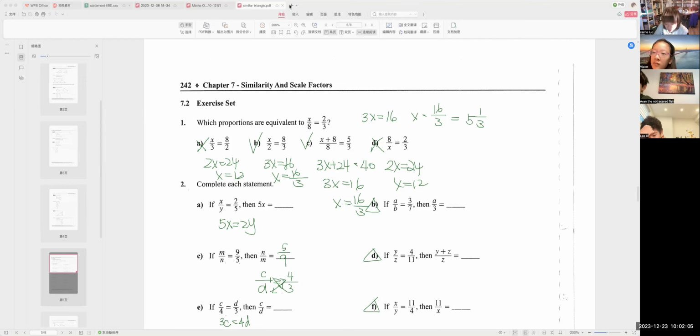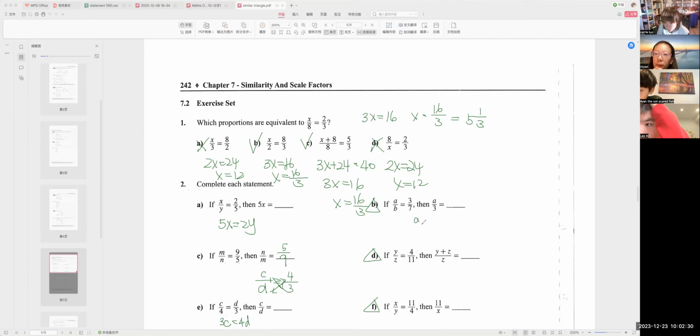Hello, everybody. So let's take a look at the first question. Okay, number B. Violet, could you please tell me, A over B equals 3 over 7 and A over 3 equals what? 1/7.